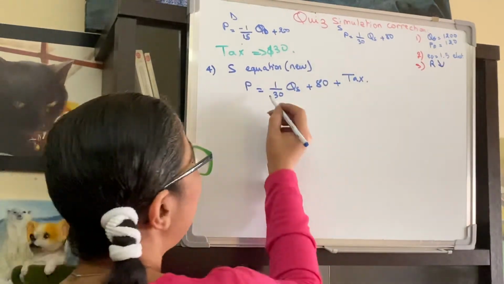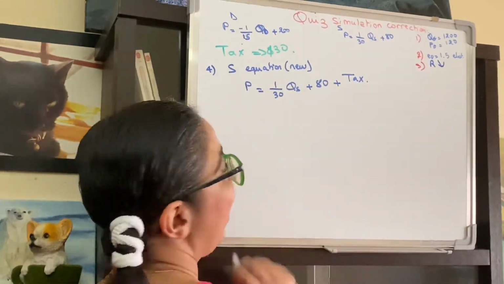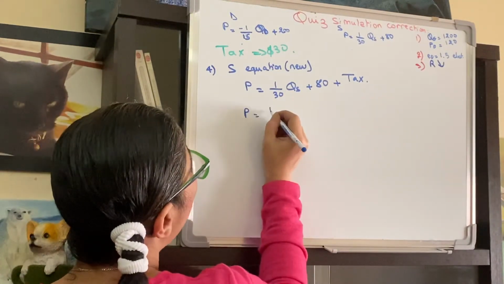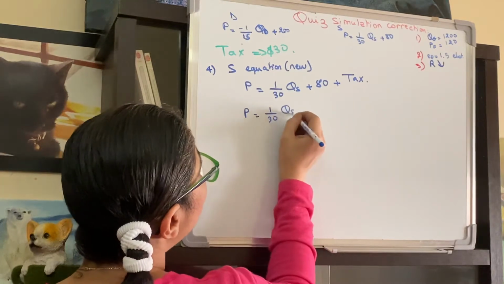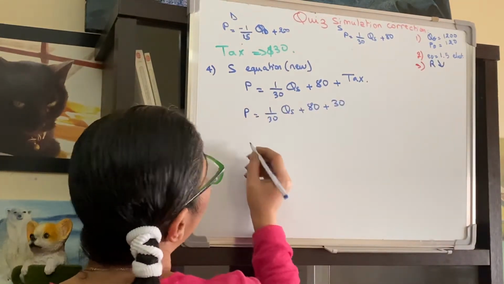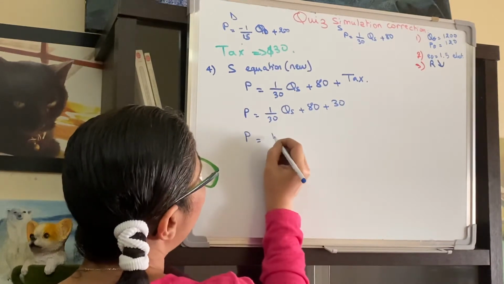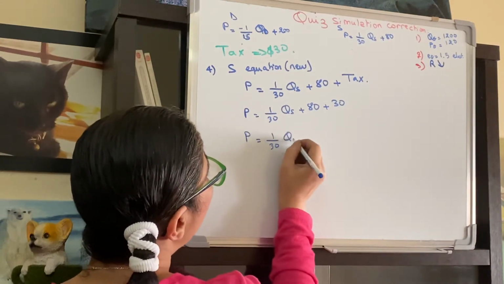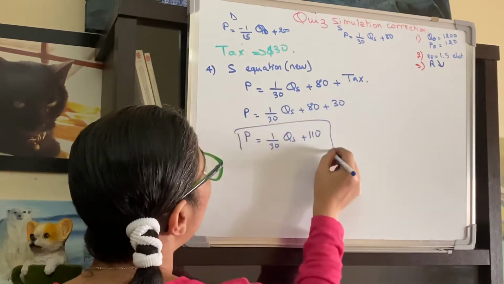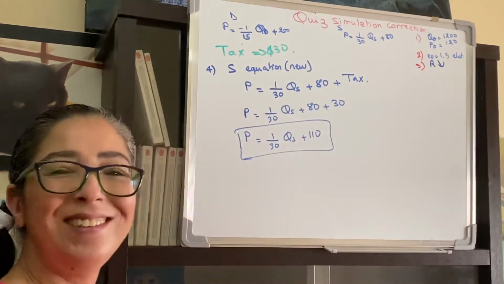So you take the old one and you add the tax. Let's calculate it. It's very easy. 1 over 30 QS plus 80 plus 30. So the new price is 1 over 30 QS plus 110. And that's your new supply equation.